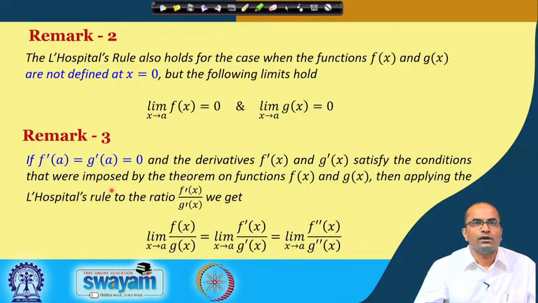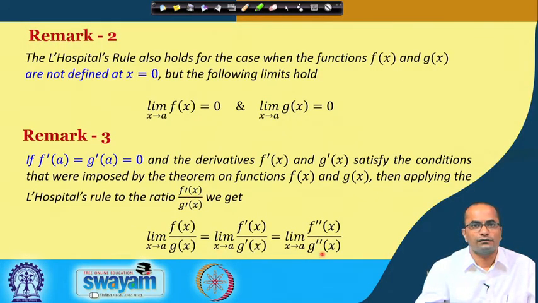So, in this case also we can apply the same result which we have established earlier. Another remark: if we realize that the first derivatives are also 0 at a, and the derivatives f prime and g prime satisfy the conditions that were imposed earlier on functions f and g, mainly the continuity and differentiability, then we can apply the L'Hopital rule again to this f prime over g prime, because a similar situation is happening now for f prime and g prime, as they both are 0.